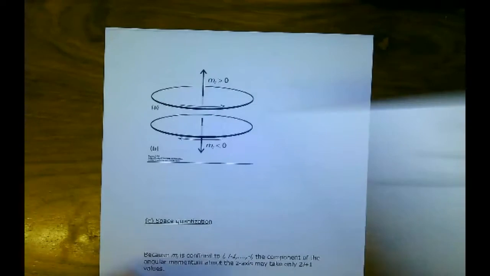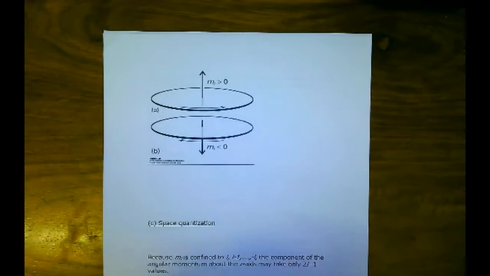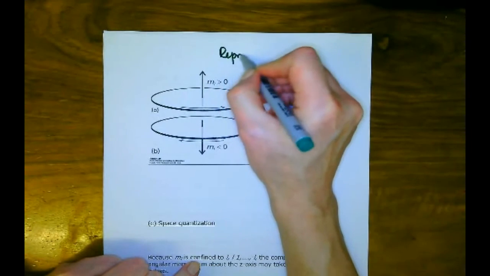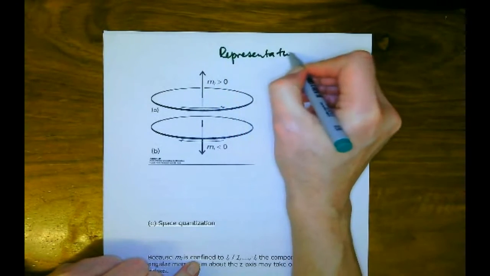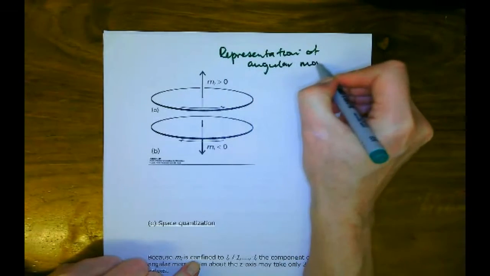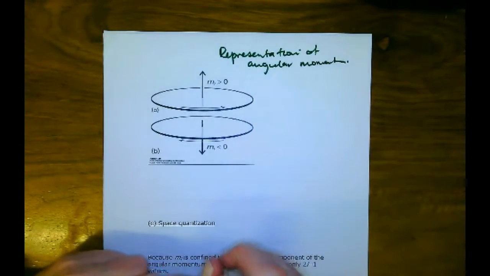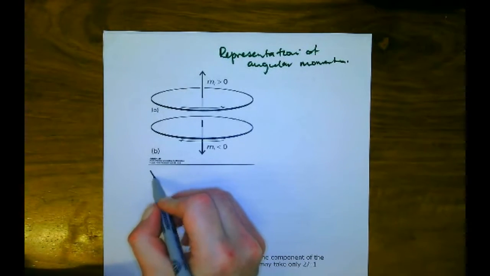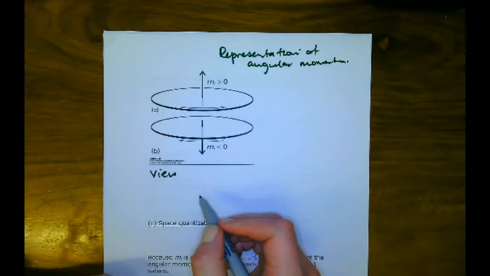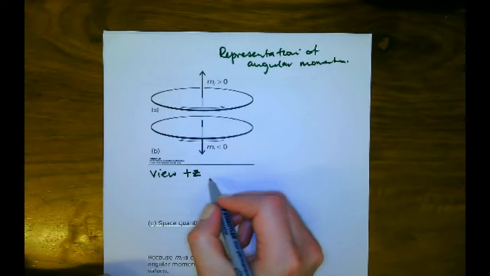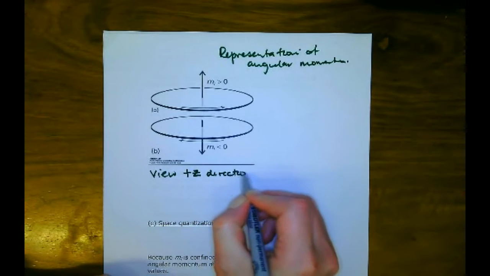If we go back to the notes, I just wanted to mention something regarding directions and the representation of angular momentum. I just want to point out that when we talk about direction, we always view along the positive z direction.